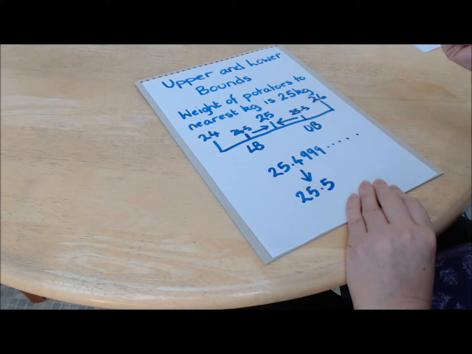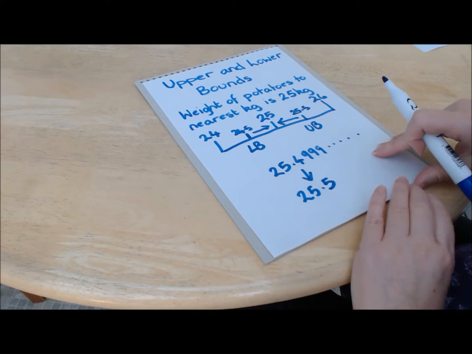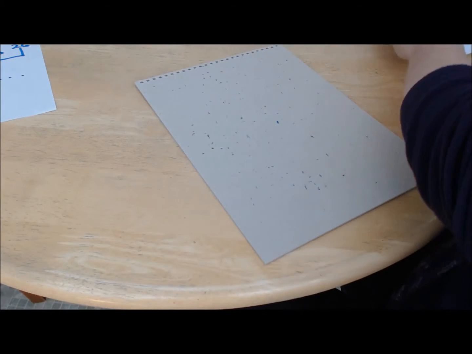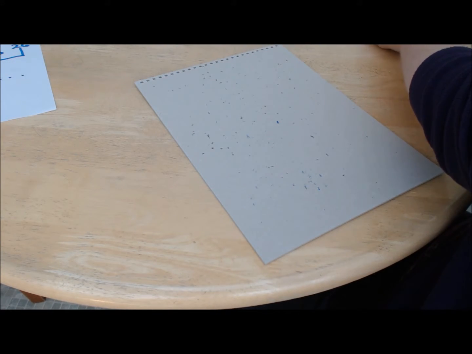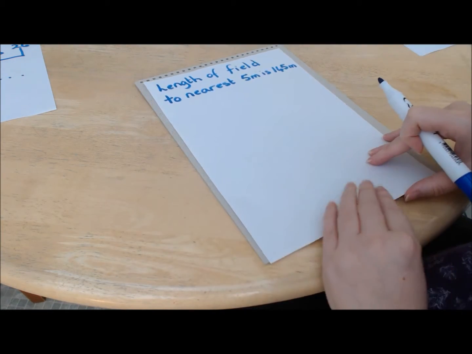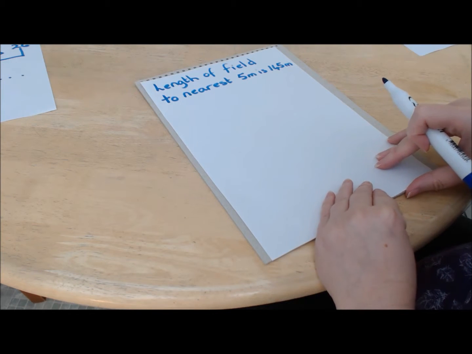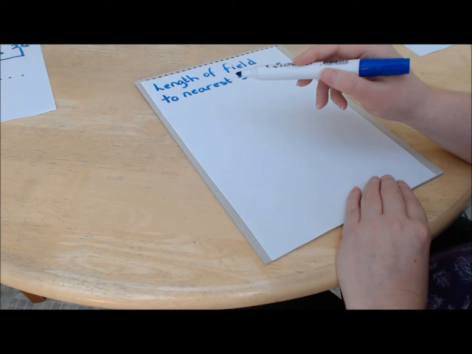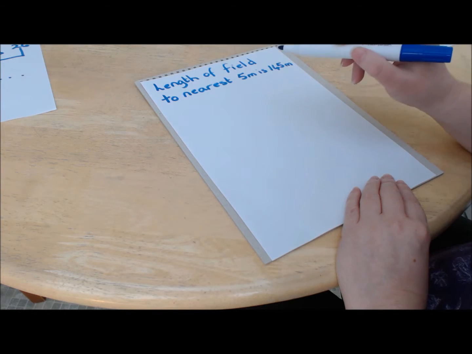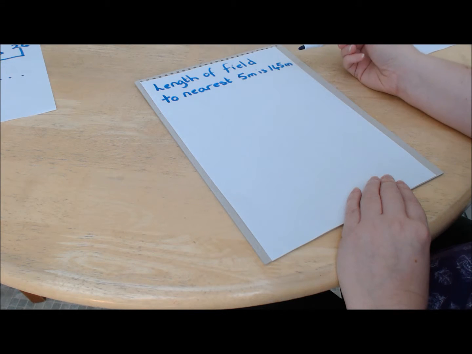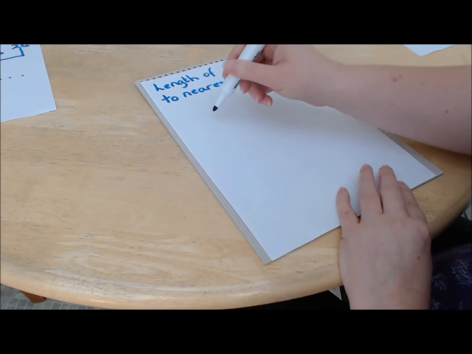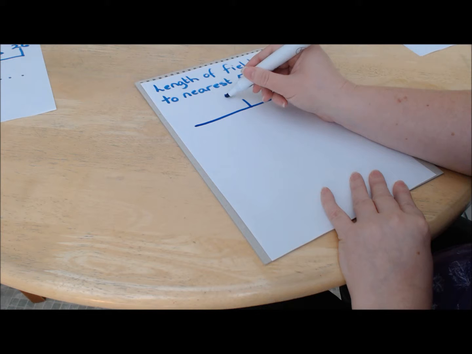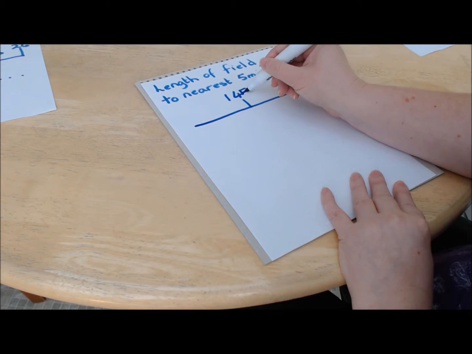I'm going to do another example just to show something slightly different. So with this example, you can see we're working with the length of a field, and it's been given accurate to the nearest 5 meters, and the actual measurement is 145. So I'm going to draw my line again, and in the middle I'm going to put 145.